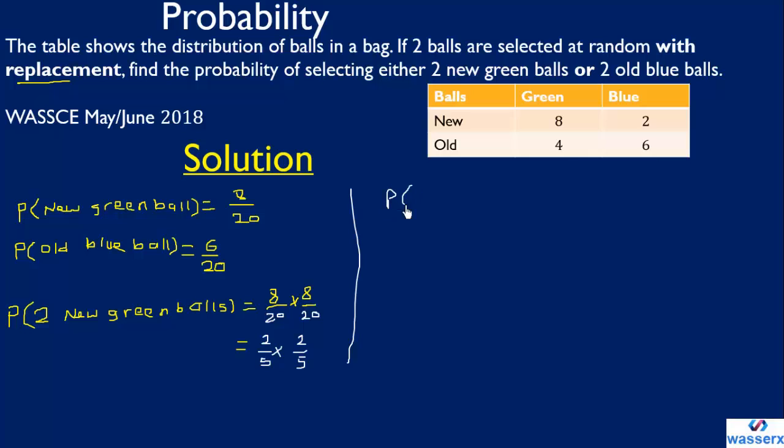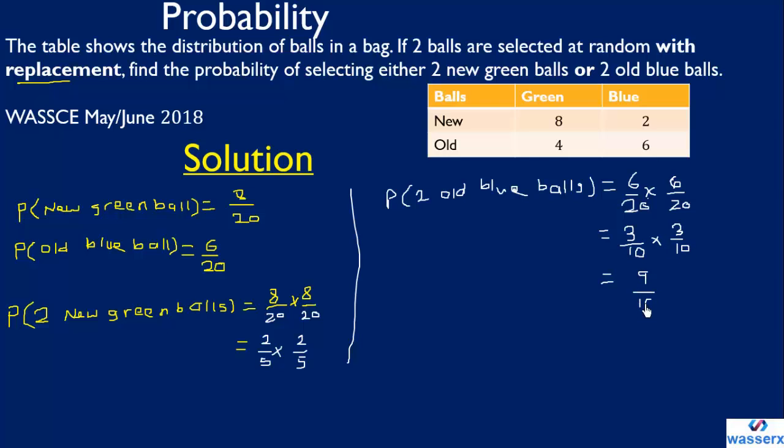Now the second one, the probability of two old blue balls is 6 over 20 times 6 over 20, and this simplifies to 3 over 10 times 3 over 10. So this gives us 9 over 100. And the first is supposed to simplify to 4 over 25.